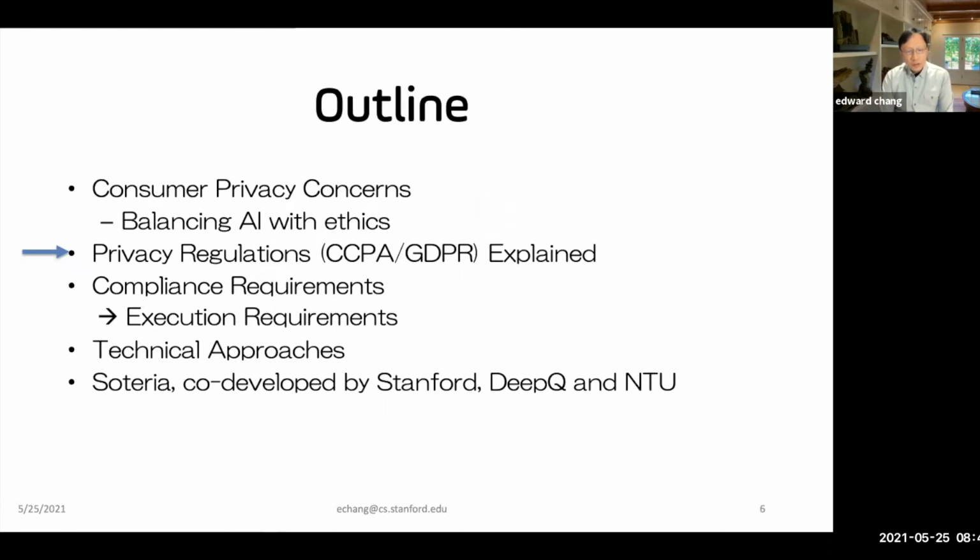So let's enumerate some details of the CCPA and GDPR regulations. GDPR was established by the European Union, and CCPA was passed by the California Congress about 2 years ago.